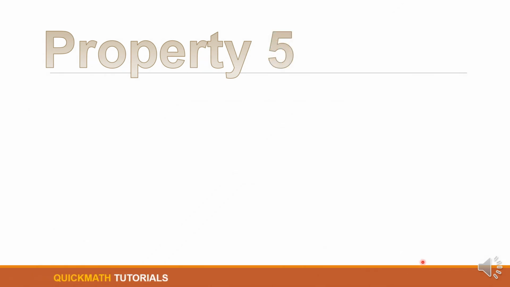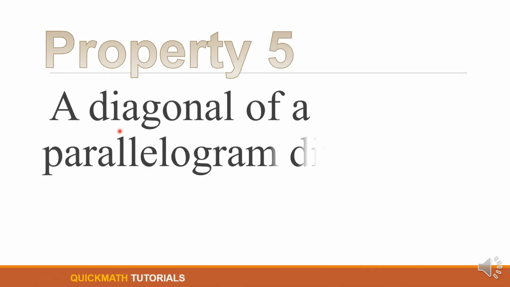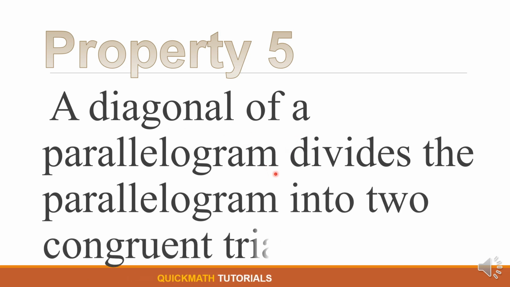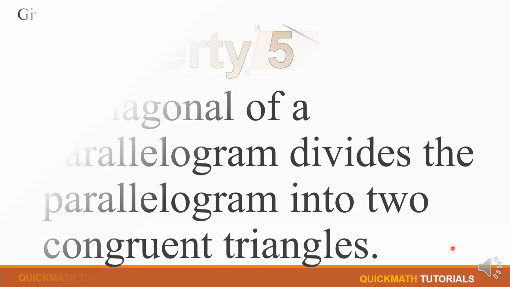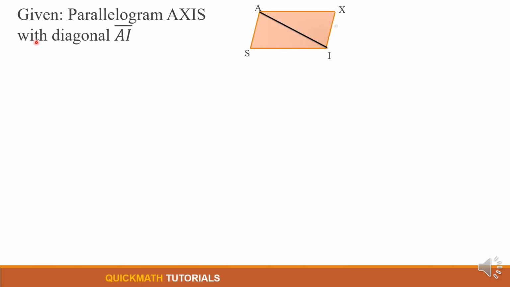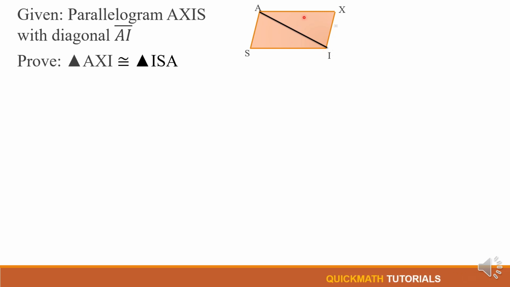For our last property, we have a diagonal of a parallelogram divides the parallelogram into two congruent triangles. So to prove, we have given the parallelogram AXIS with the diagonal AI, and we will prove that these two triangles are congruent.